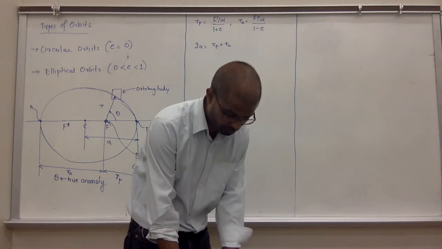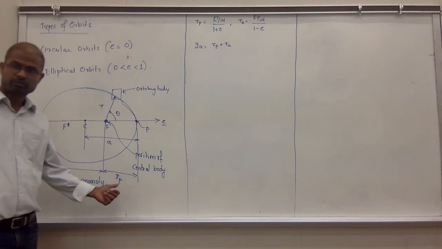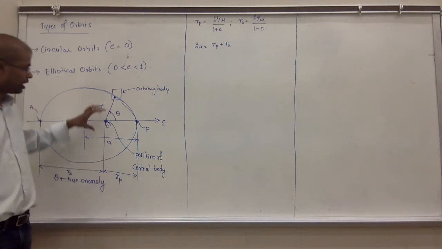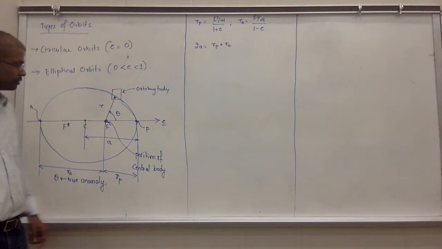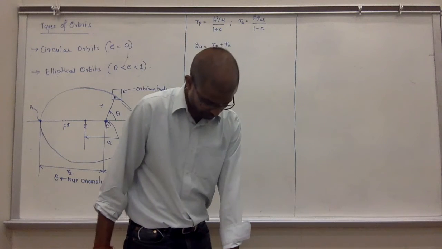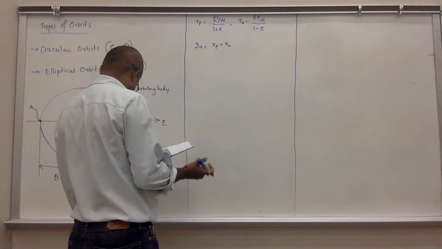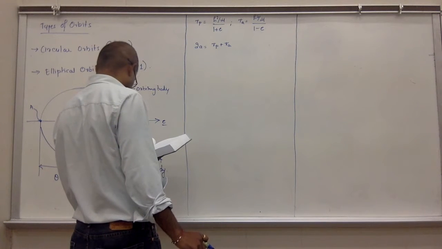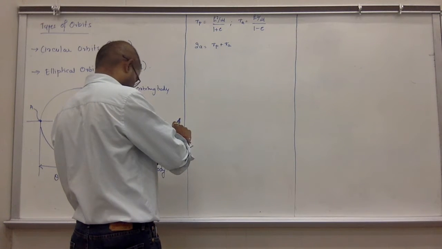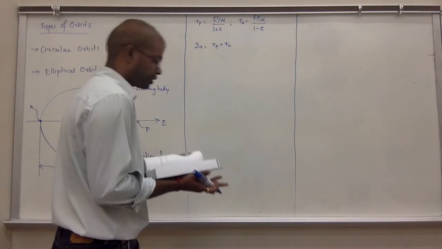So how does RP change if it's the position at periapsis? RP does not change. R changes. So R keeps changing, right? RP is nothing but R at P. What is the semi-minor axis?